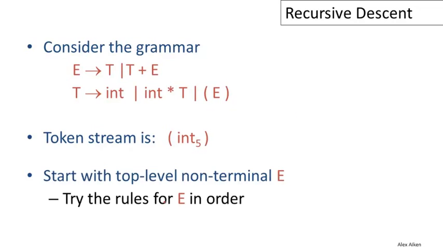I'm just going to walk through how this input string would be parsed using this grammar and the recursive descent algorithm. The basic idea is that we begin with a non-terminal, the root node, and we always try the rules for a non-terminal in order. So we will begin with e goes to t, and if that doesn't work, we'll try e goes to t plus e.